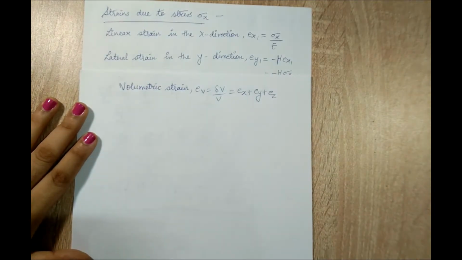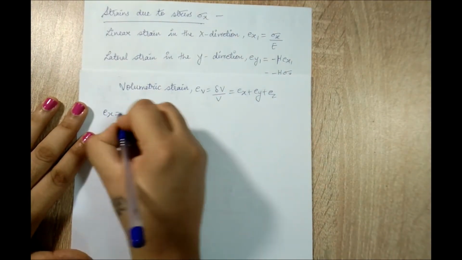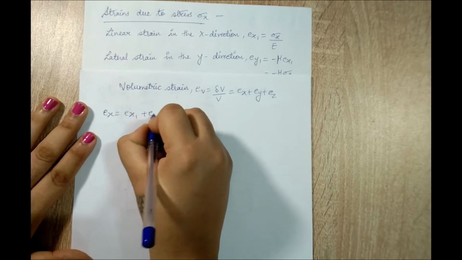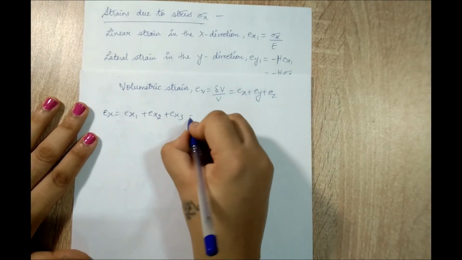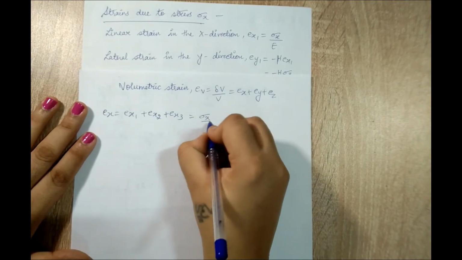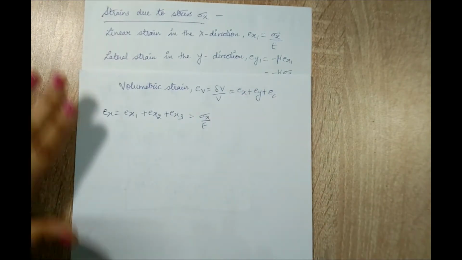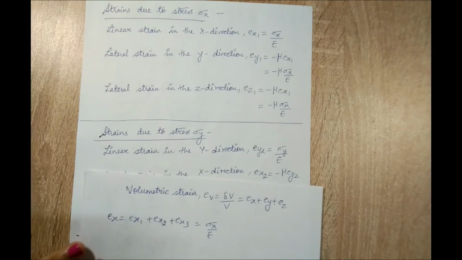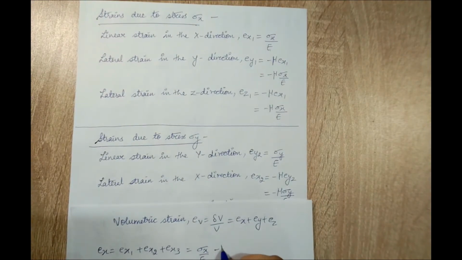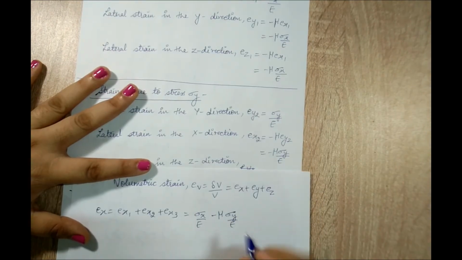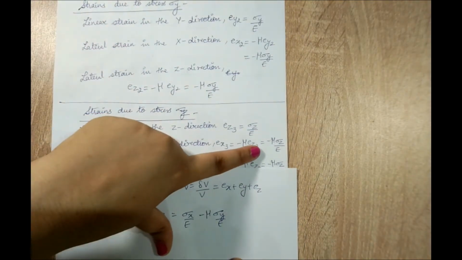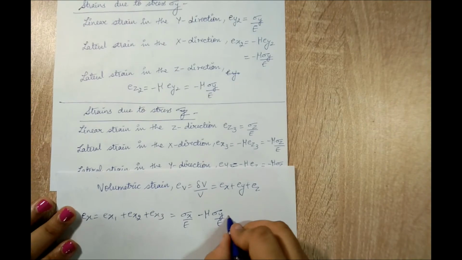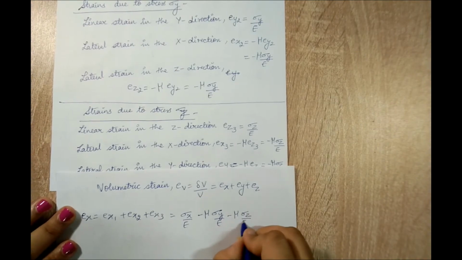Now when I say Ex, it will be Ex1 plus Ex2 plus Ex3, which will be sigma x upon E. From the second one I'll get minus mu into sigma y upon E, and from the third one I'll get minus mu into sigma z upon E.